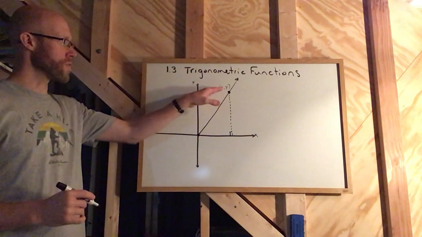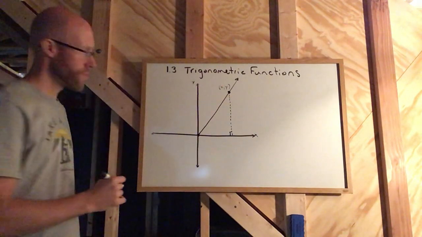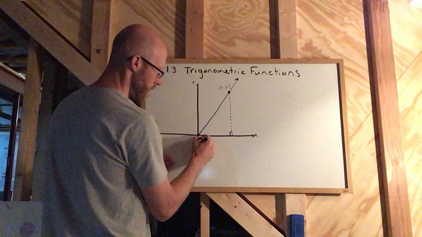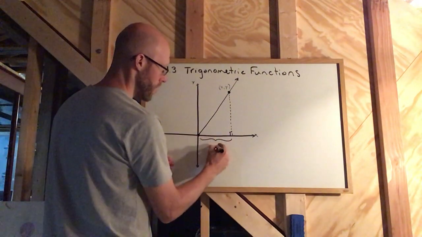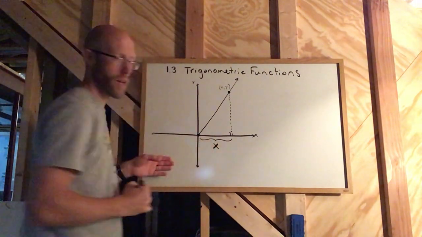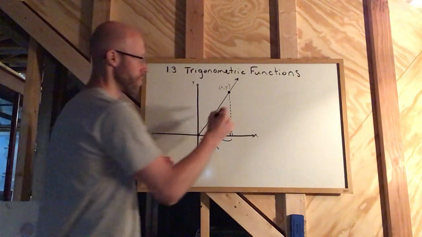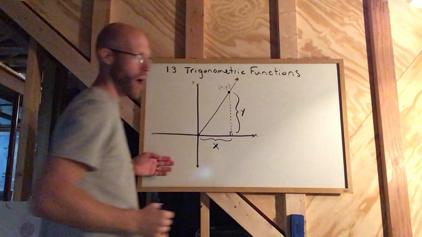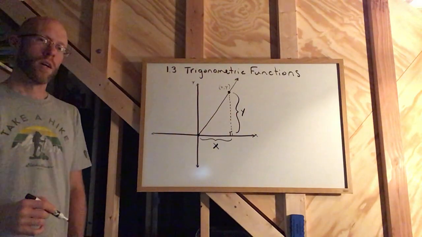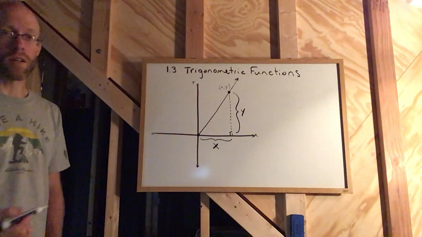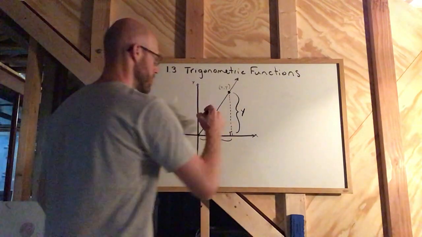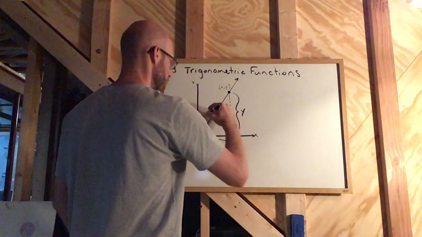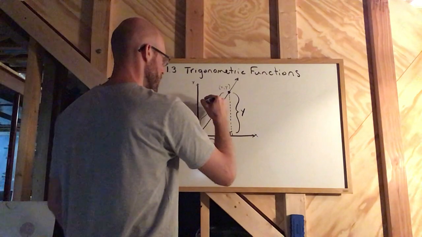If the coordinates of this point are x comma y, then the horizontal side of the triangle has length x, and the vertical side of this triangle has length y. Okay. Now the hypotenuse, we're going to give that a name as well.